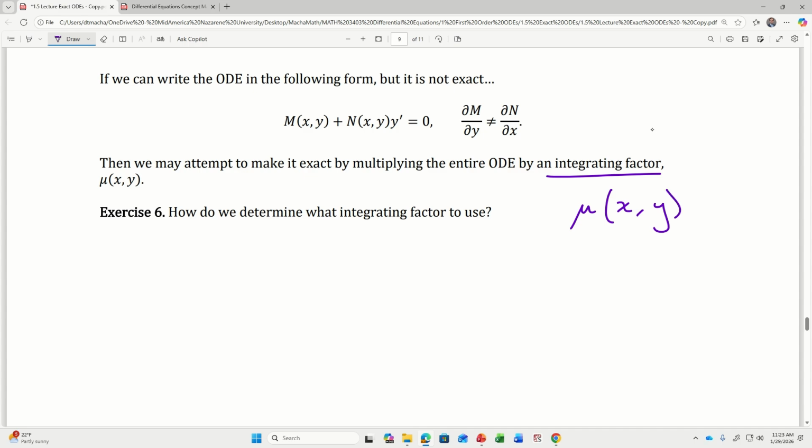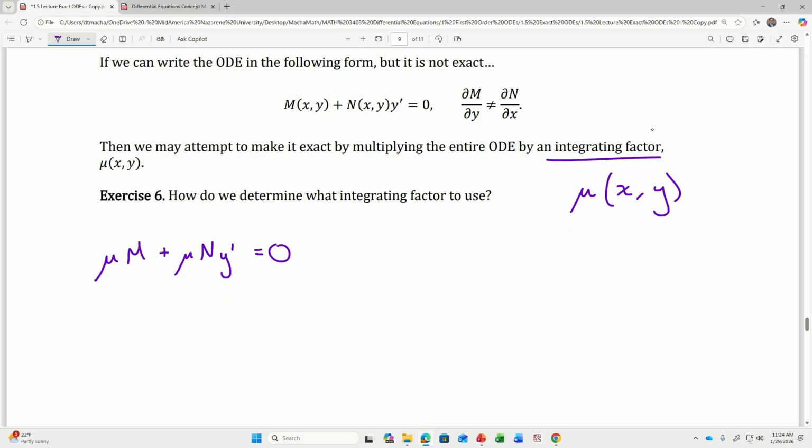And if I were to do this, it would look like mu times m plus mu times n times y prime equals 0, because 0 times mu is still 0. So that's what it looks like to multiply my entire ODE by mu.